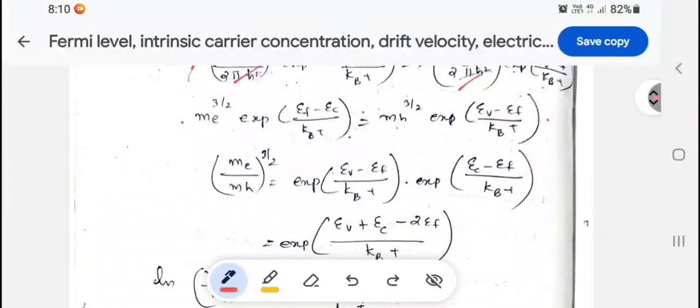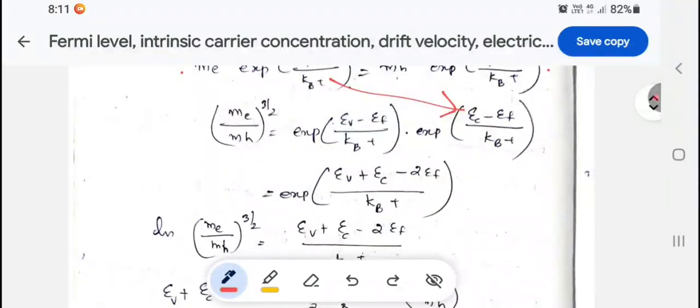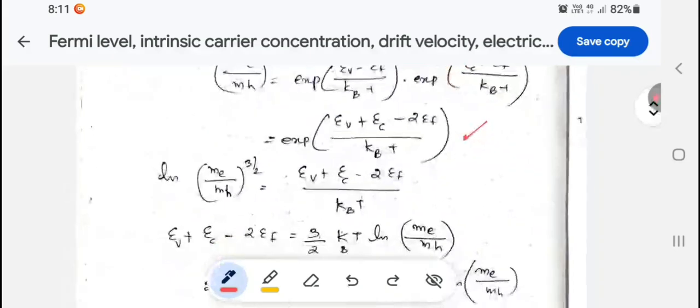Then rearranging, Me by MH all raised to 3 by 2 equals exponential EV minus EF by kBT times exponential EC minus EF by kBT. Then rearranging the right hand side, exponential EV plus EC minus 2EF divided by kBT.